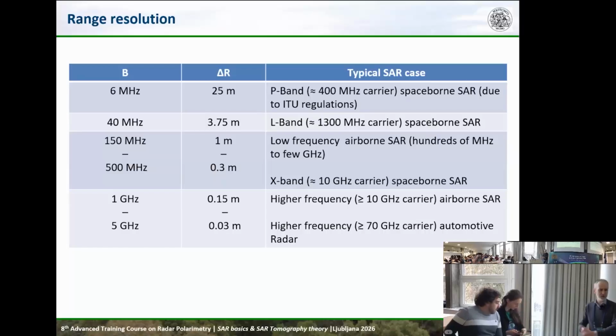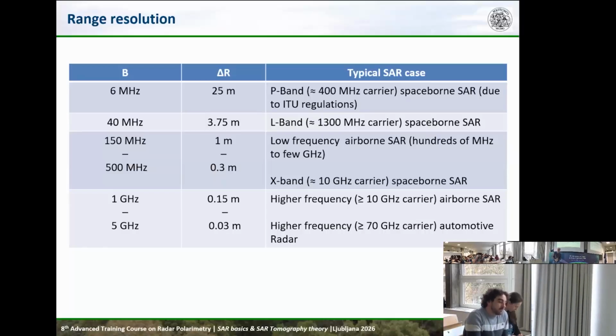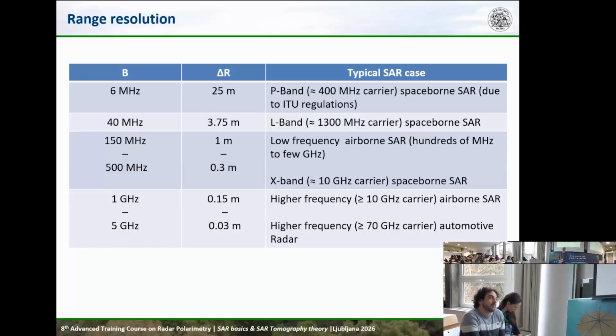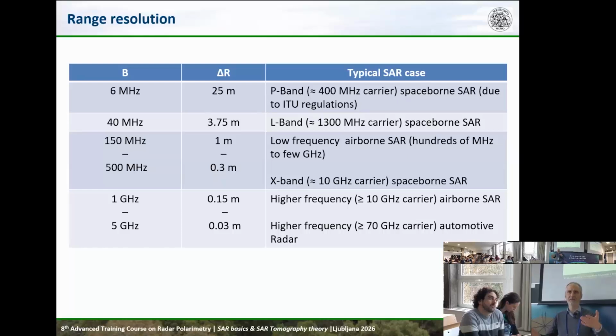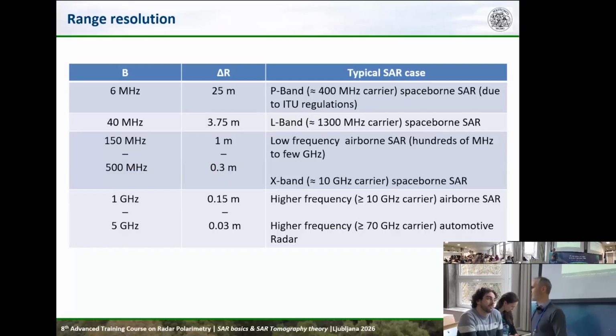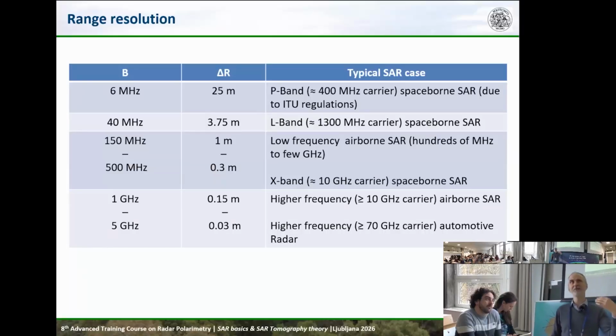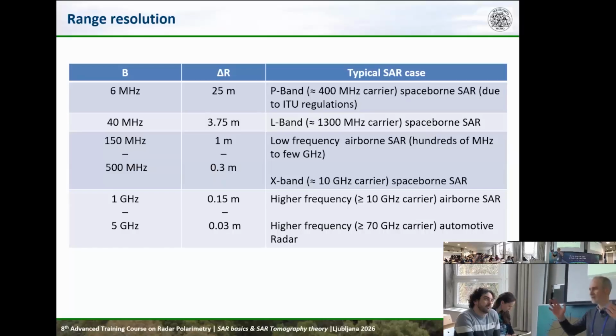The best resolution I've had the chance to work with was with an automotive radar. It had a carrier frequency of 77 gigahertz, so very high. It means a wavelength around 4 millimeters. And in this case, the bandwidth was some 4 gigahertz, which meant a range resolution of around 5 centimeters. So you see that it changes very much.